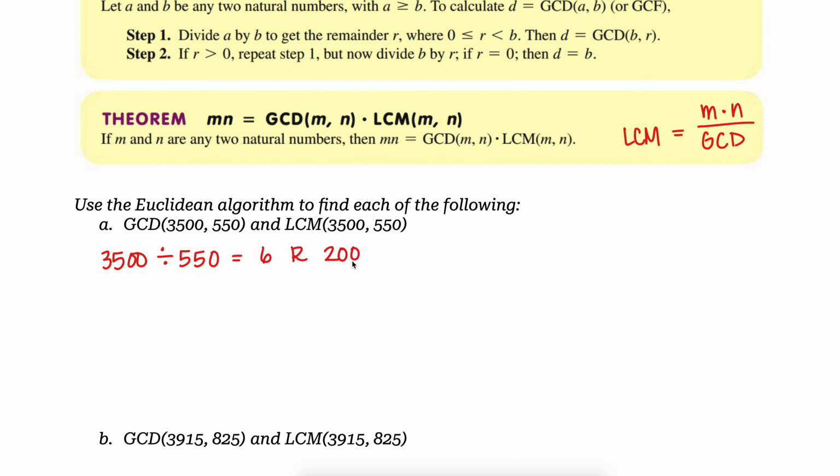If the remainder is 0, you are done. If the remainder is not 0, you're going to repeat the process, but this time you're going to divide that second number, the divisor, by the remainder. So our second step, we're going to take 550 divided by 200.